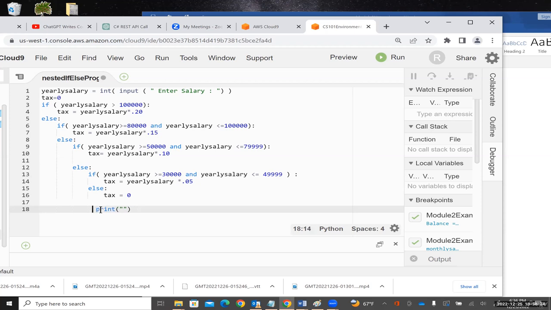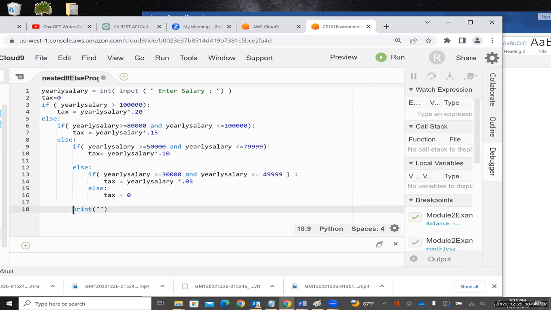So if I push this over here, this now becomes the body of this else. If I push it back a little bit, this print now becomes the body of that else. If I push it back further, over here, you see the line?